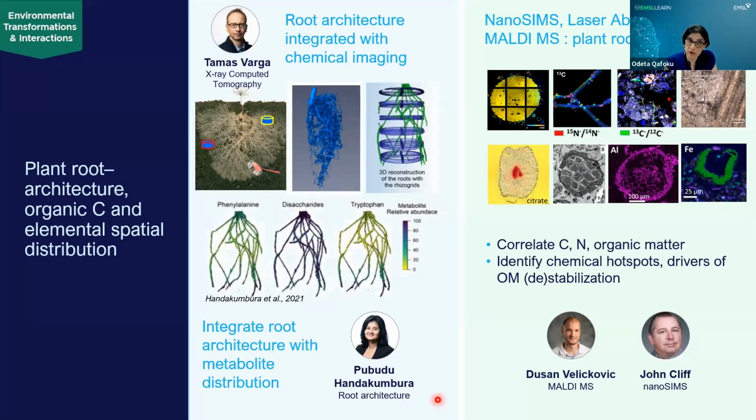The XCT also can be coupled with a number of other chemical imaging techniques that we have here in EMSL to address not only what is happening in the plant root system, but also what is happening in the surrounding environment. For example, it can be coupled with NanoSIMS.